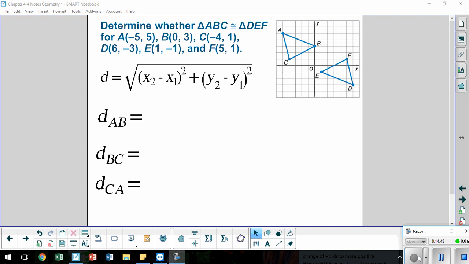Okay, so for this one, we need to figure out if the two triangles are congruent. We're trying to figure out if this triangle over here is going to be congruent to this triangle over there. How you do that is by doing this equation, right? And you need to do it for each one. You can't just do it for one.